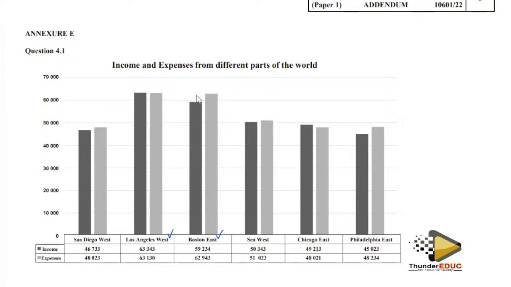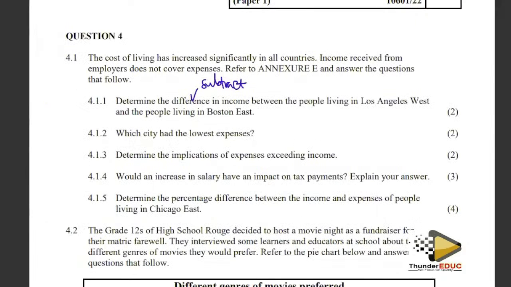So we're going to subtract these two values. 63,343 minus 59,234. And the answer becomes 4,109. If these are dollars, these are states in USA.